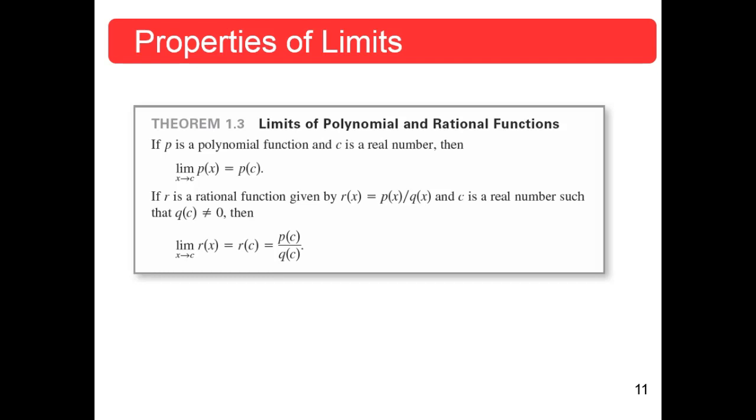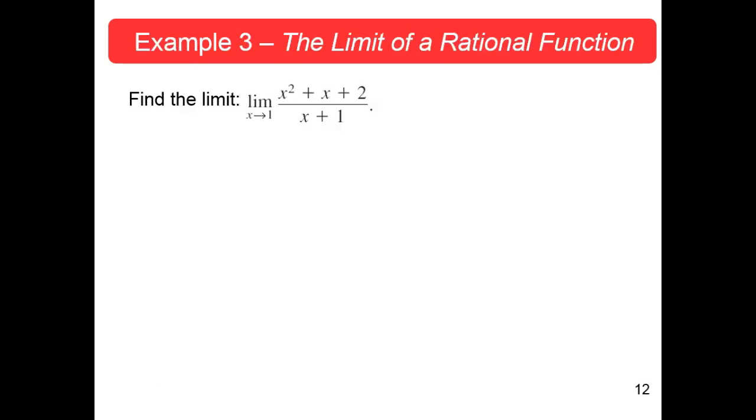Be very happy. Okay. So let's do example 3 here. The limit of a rational function. What do you think you would do? Anyone want to hazard a guess? Plug it in.